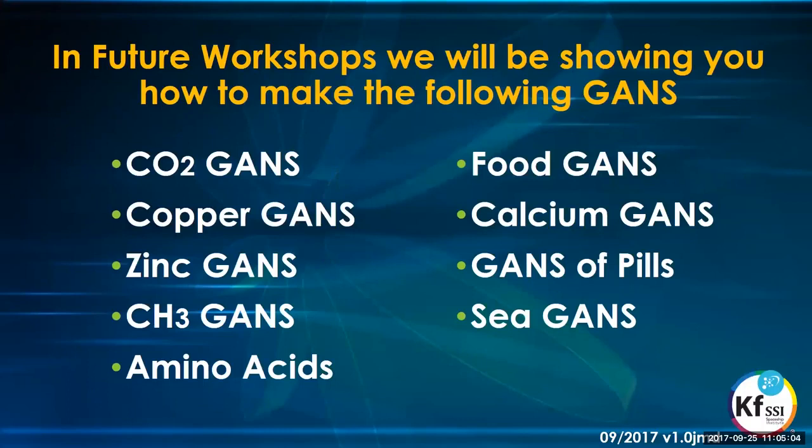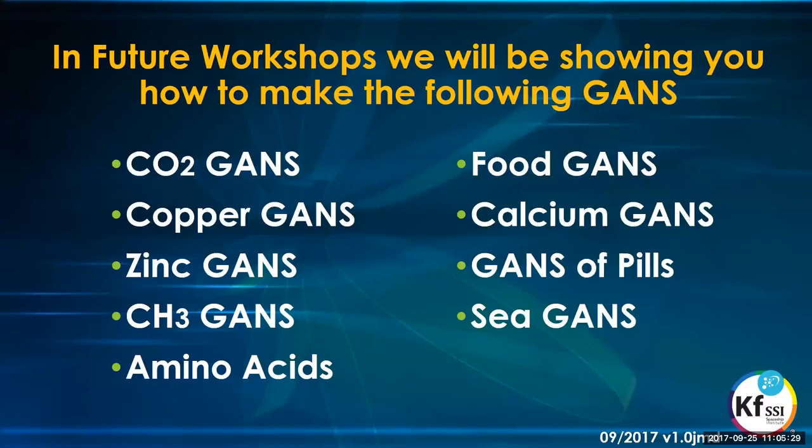So in the future workshops, we will be showing you how to make your CO2, your copper, your zinc, and CH3, which are your four main ones, and how you collect your amino acids. In the health sections, we will be showing you creating the food GaNS, to make calcium GaNS, GaNS of pills.